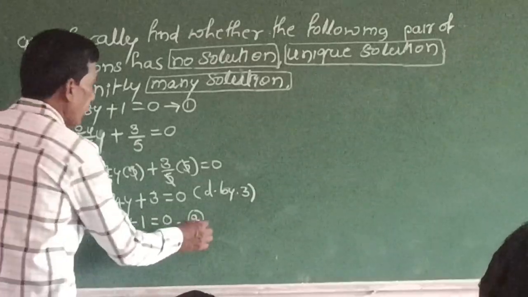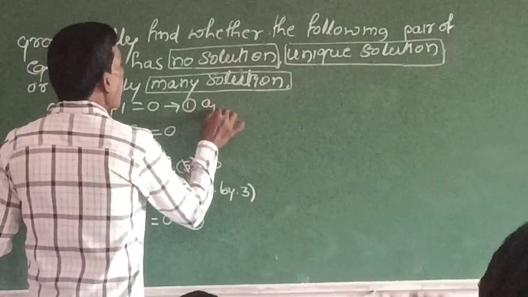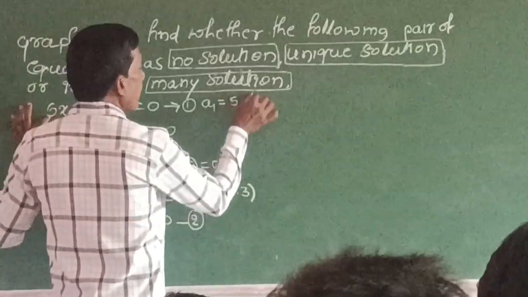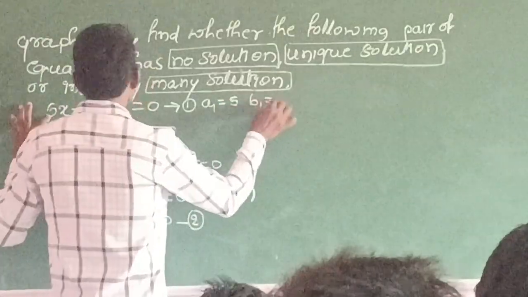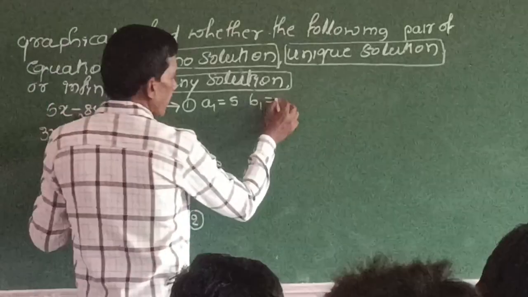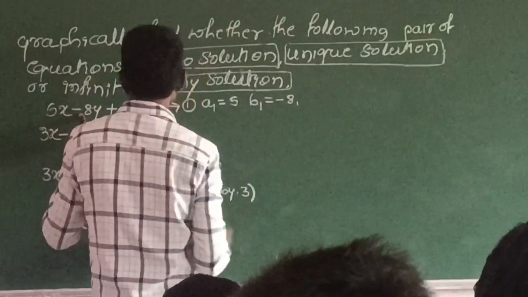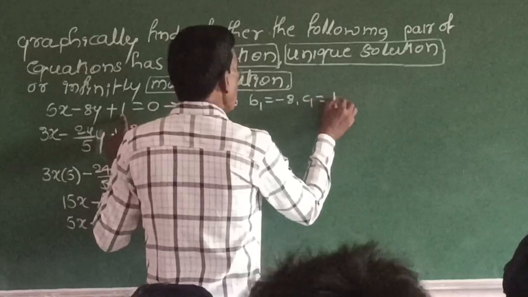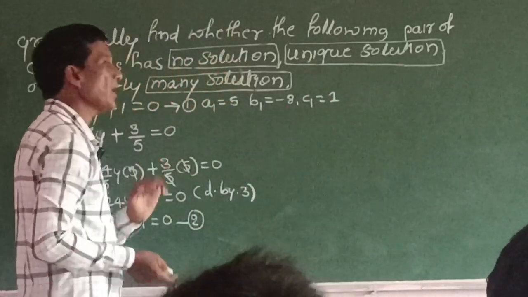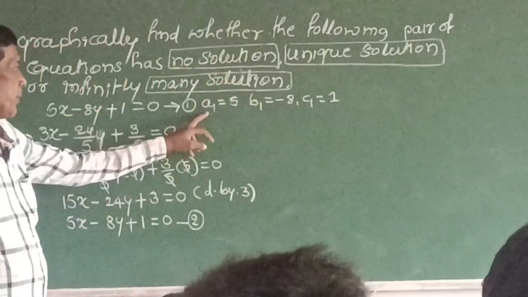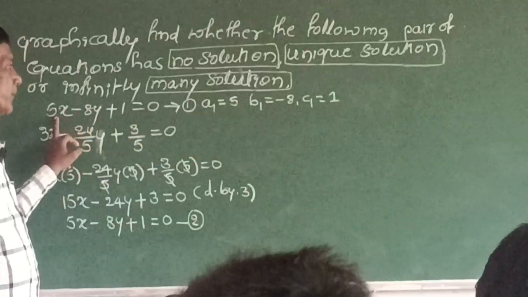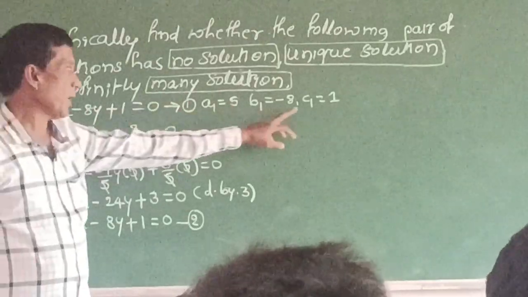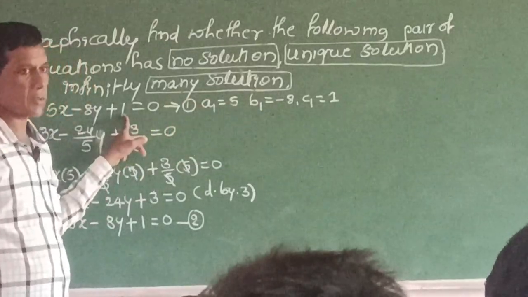For the first equation, a1 equals 5, b1 equals minus 8, and c1 equals plus 1.